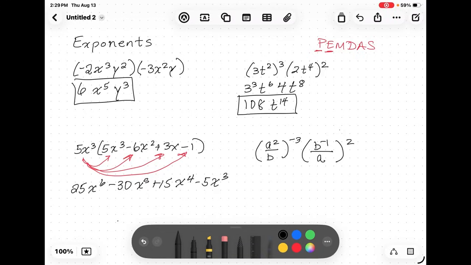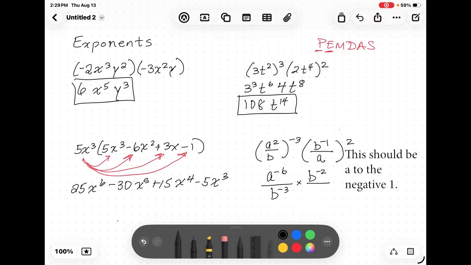I'm going to go ahead and say I've got a to the negative 6th over b to the negative 3rd, times b to the negative 2nd over a to the negative 2nd.